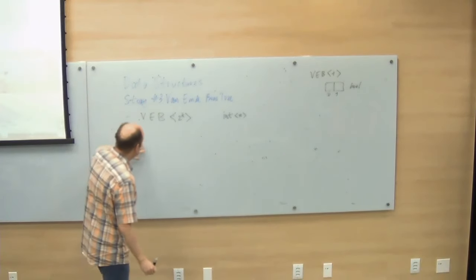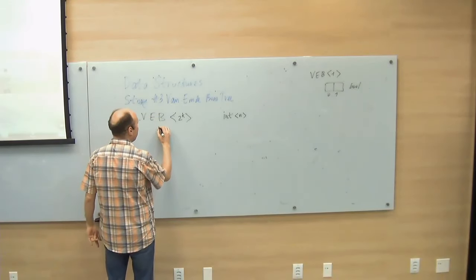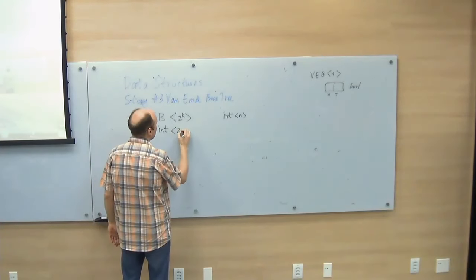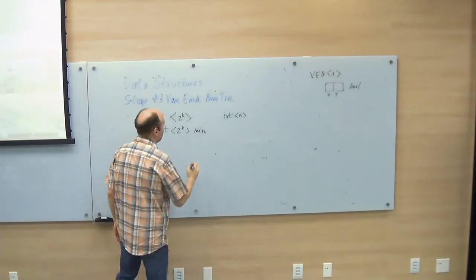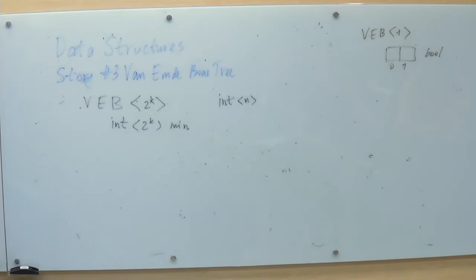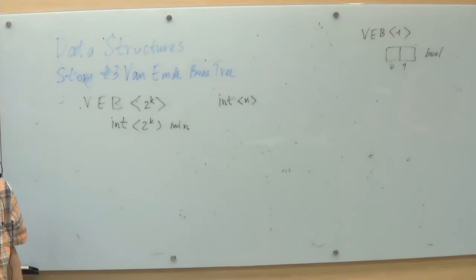So we separately store the minimum value. It's similar to the exponential tree. And we also store 2 additional arrays.